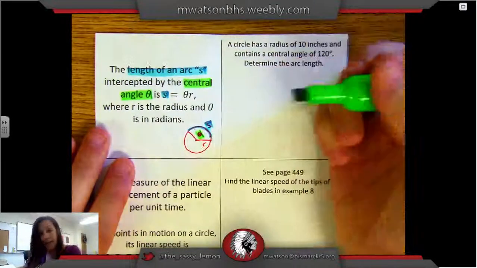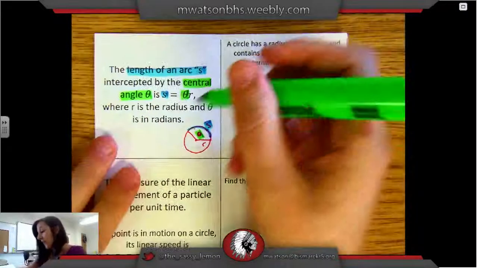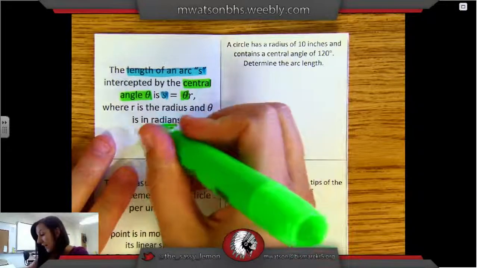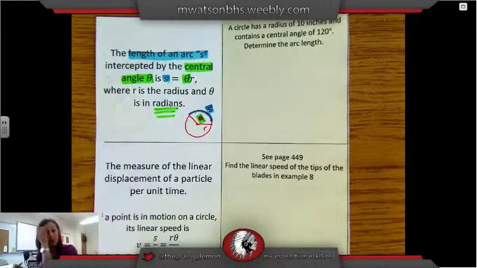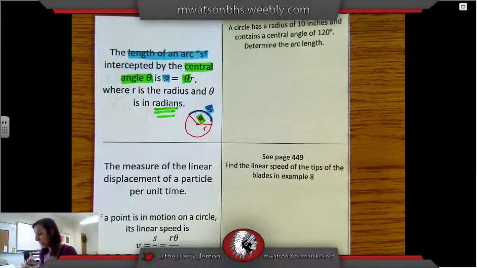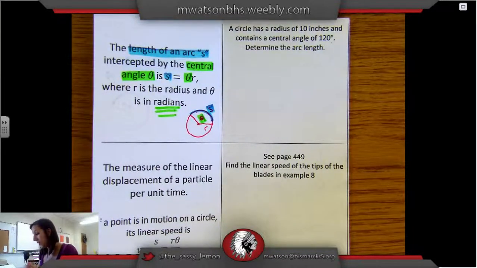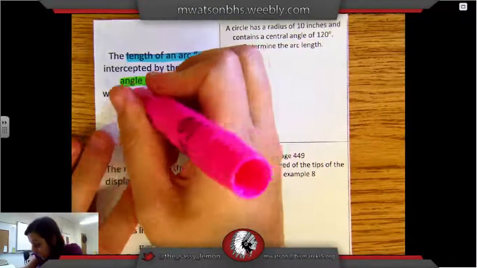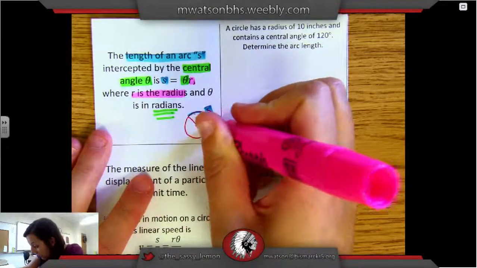It's this guy right here, and it's also in the formula. Notice the central angle theta has to be in radians. That's important. No degrees anymore, radians. And then the last thing that we need to highlight is our radius. R is the radius. It's in our formula, and it's also in our diagram.